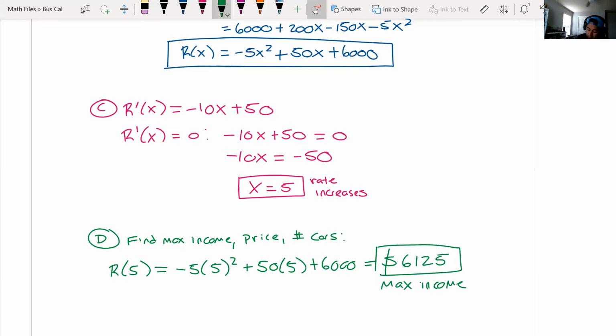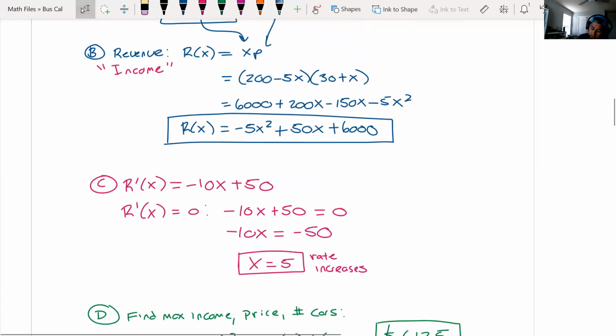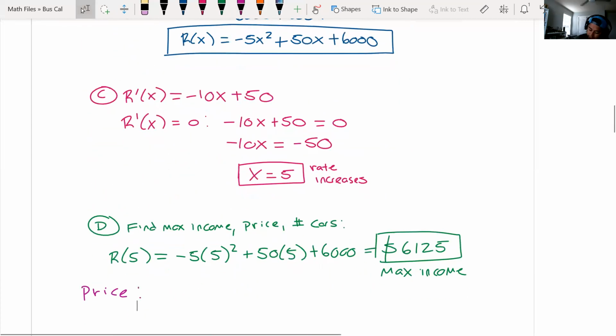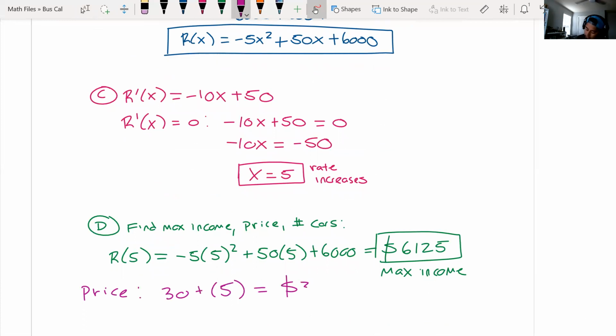Okay. And now price. I think it was just 30 plus X. Yep. So 30 plus 5, which means we'll rent our cars out for $35 per day.